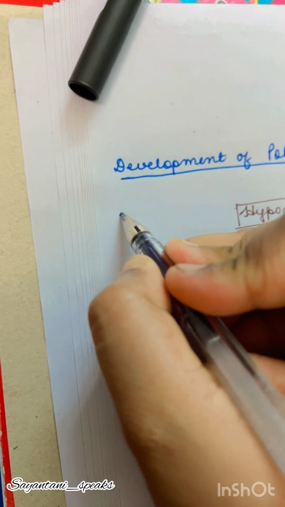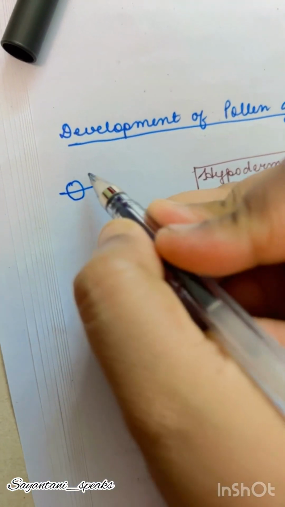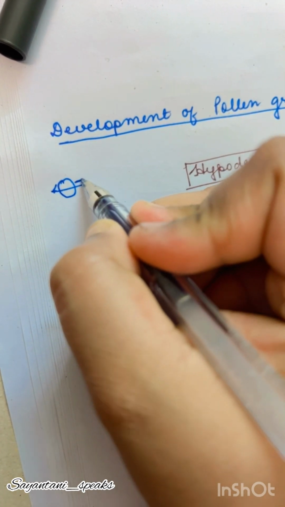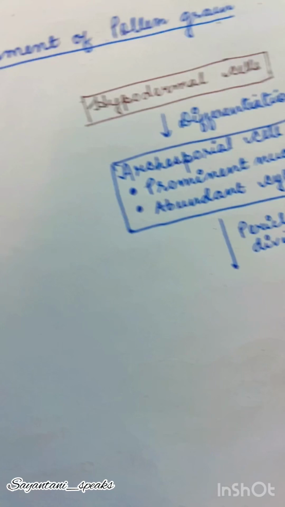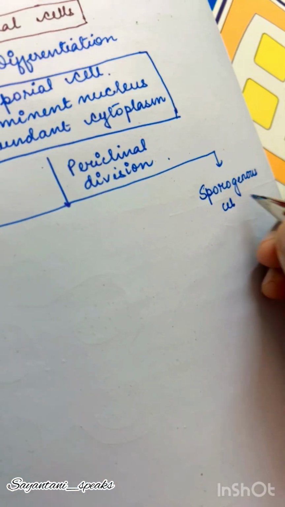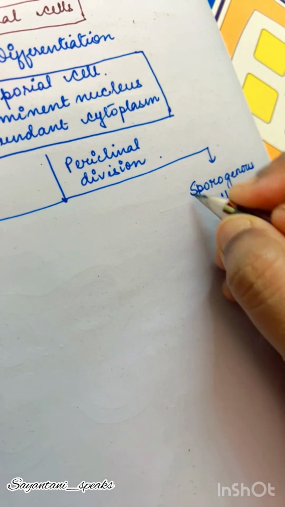This is known as periclinal division, P, and this is known as anticlinal division. So they undergo a periclinal division and form the inner layer, the sporogenous cells.